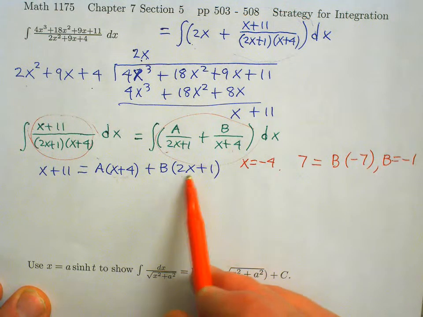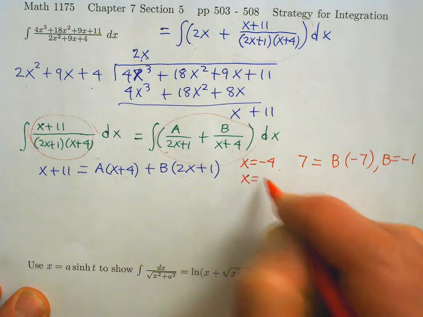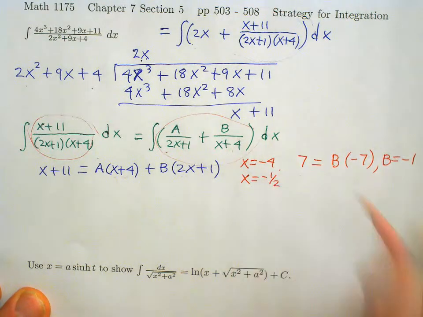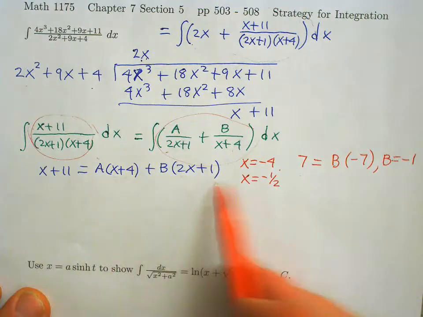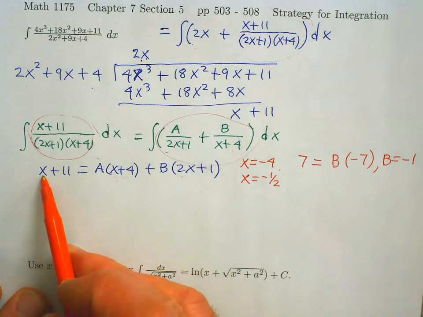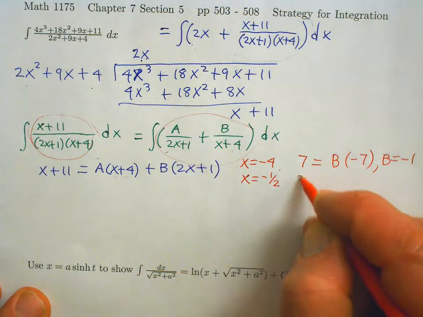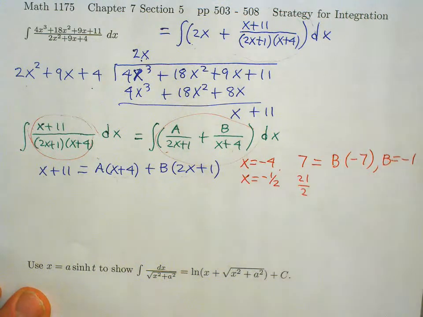Okay, the other factor, 2x plus 1, that's 0 when x is negative 1/2. We can replace every x with negative 1/2. So negative 1/2 plus 11, that's 21/2.